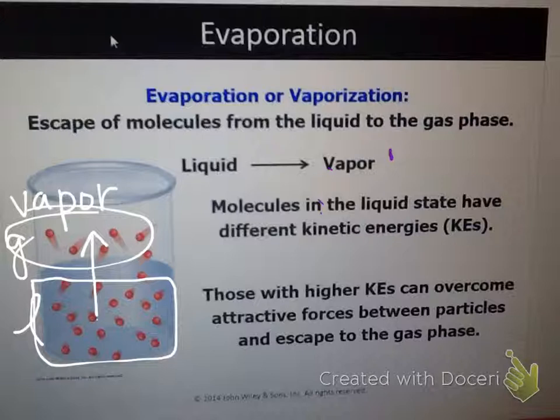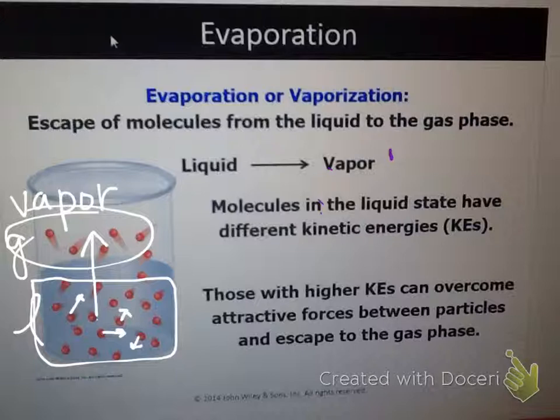So we see this with every liquid that exists. There are particles inside of the liquid that have an average kinetic energy, which means that some of the particles in this liquid phase are at higher kinetic energies and some of them are at lower kinetic energies. Remember, they're moving around, slipping and sliding randomly. So overall, they have an average kinetic energy, meaning that some move faster and some move slower.